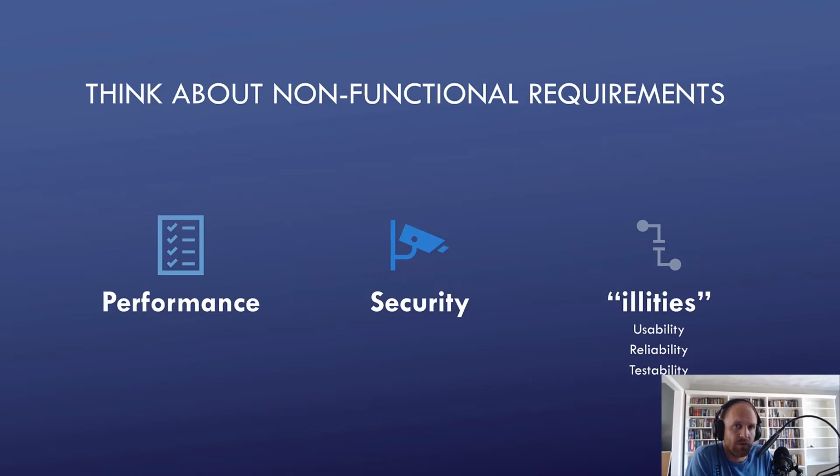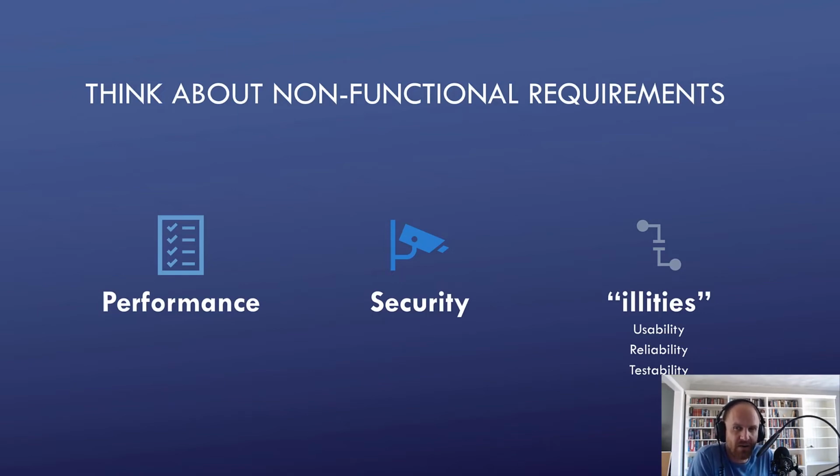How comparable are the different endpoints to each other? How consistent is this API? All those things play into the usability of your system, and that's a contributor to the quality of it. The reliability, how much does it stay up?